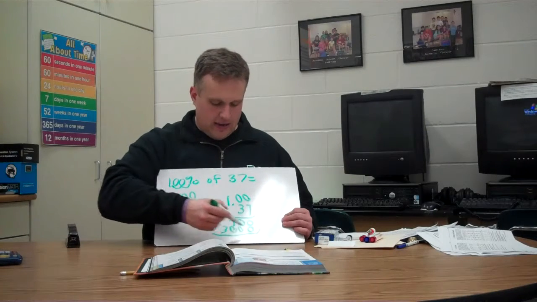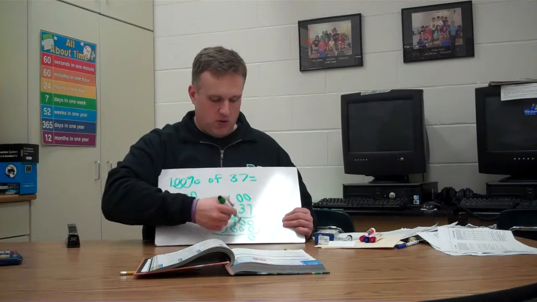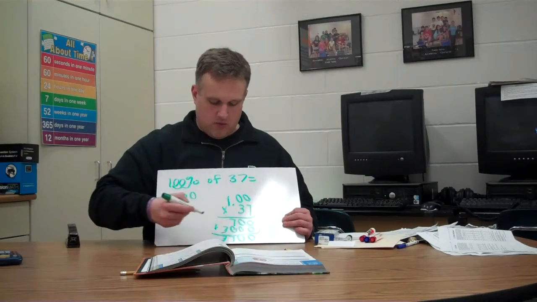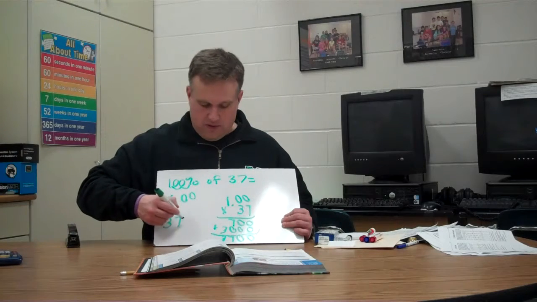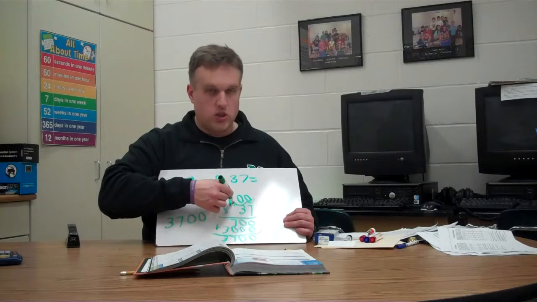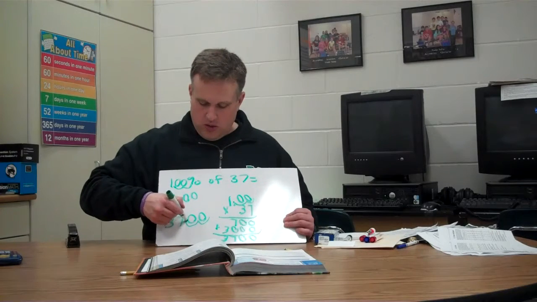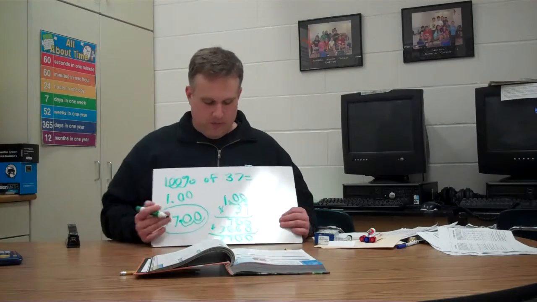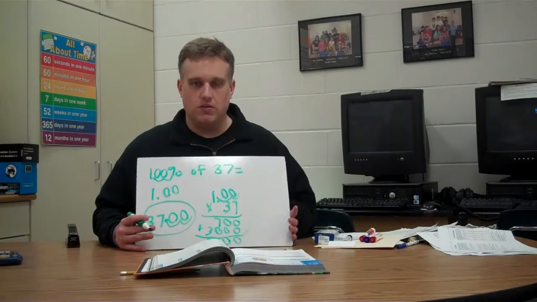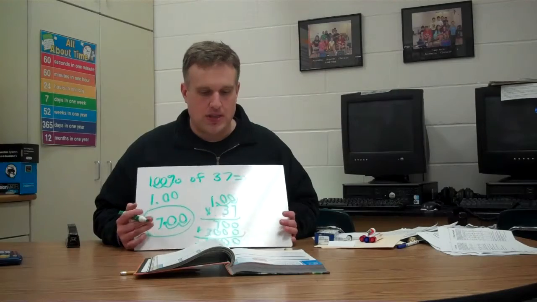Okay? Then I add. 0 plus 0 is 0. 0 plus 0 is 0. 7 plus 0 is 7. And then I bring down the 3. So it looks like 3, 7, 0, 0. I'm going to move my decimal 2 places. 1, 2. So my answer is right here. And what they're saying is 100% of 37 is just going to be 37. Okay? So that is number 10.